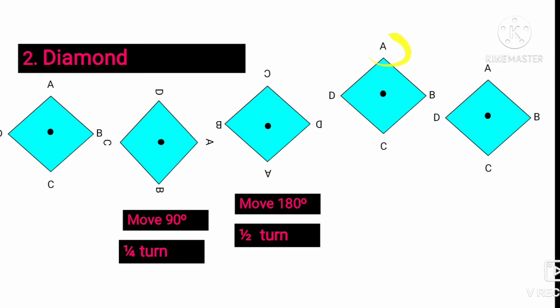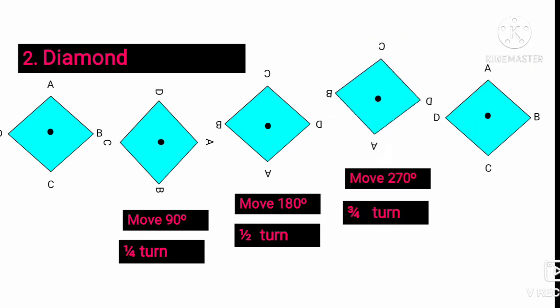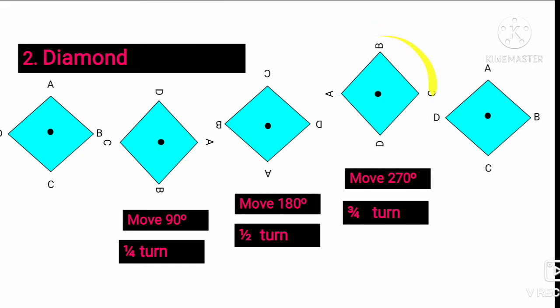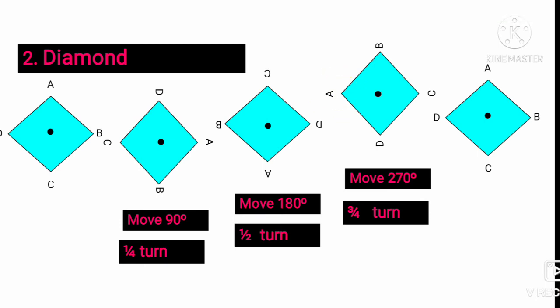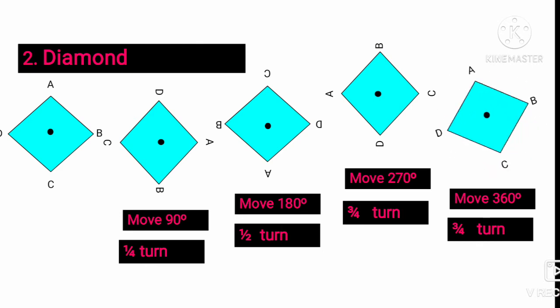Now look at the A, we move it 270 degrees. So A from here moves here. We call it 3 out of 4 turn. And then look, the A will move 360 degrees back into its position. We call it 4 out of 4 turn, or 1 full turn.